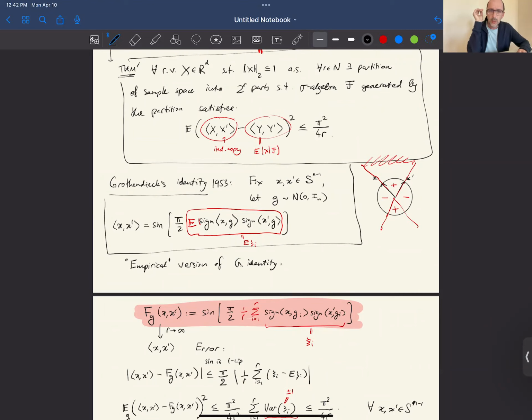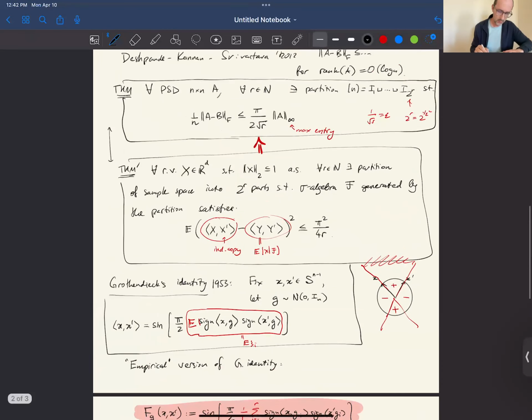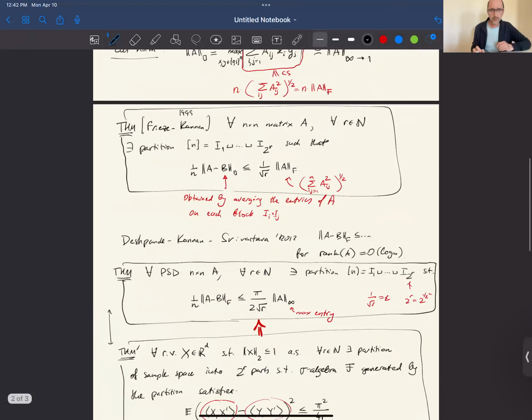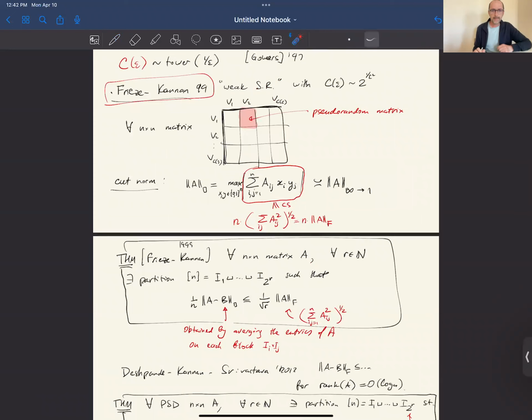The problem with Frieze-Kannan is that there is a maximum. It's a maximum of quadratic forms, and the maximum is highly non-convex, and so I don't really know how to pull the maximum through this. What we prove is for the Frobenius norm, and that's basically L2. And I know how to pull L2 through everything. And that's what we did.